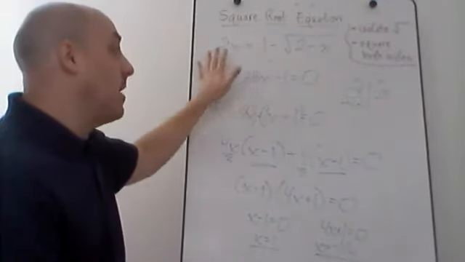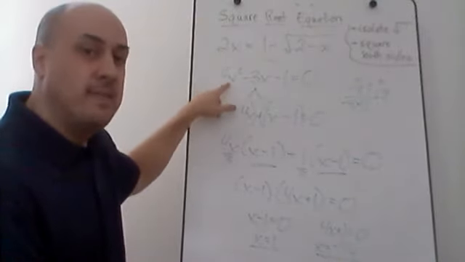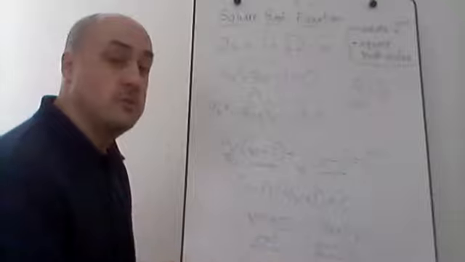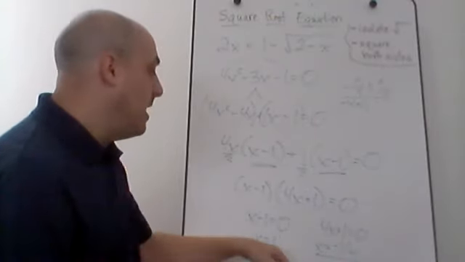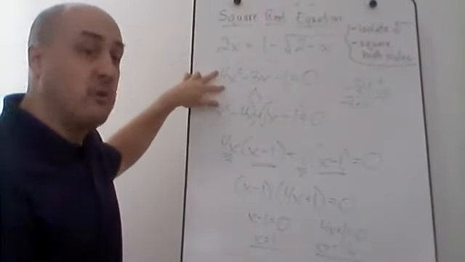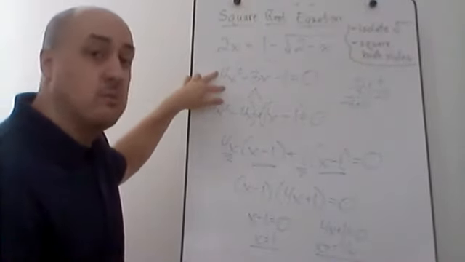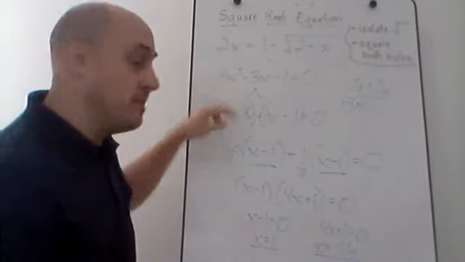But if, through the process of solving that equation, it turns into a quadratic equation, and then that quadratic equation gives you two solutions, you need to check those solutions, because these two here, x equals 1 and x equals negative 1/4, are the solutions to this 4x squared minus 3x minus 1 equals 0. They're not necessarily solutions to that original equation that we started with.